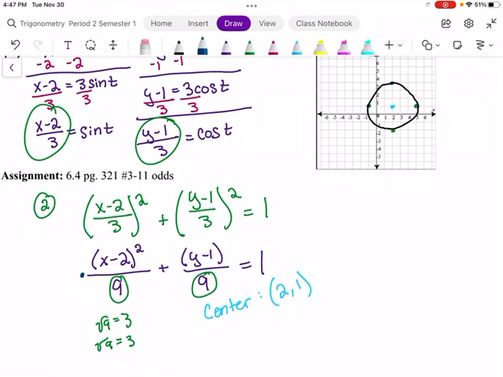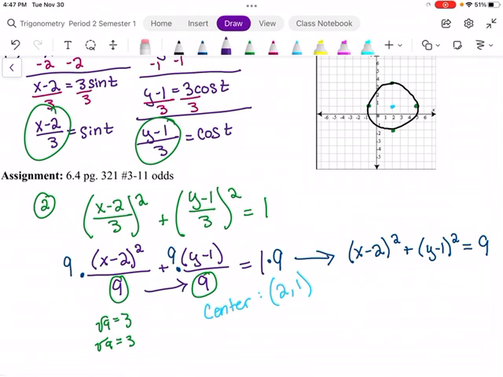And if we did that, we would end up with the equation (x minus 2) squared plus (y minus 1) squared equals 9. So if you think that you have an ellipse equation, but both of the denominators are the same, that means you actually are going to have a circle equation, which would mean that this would be our final answer.